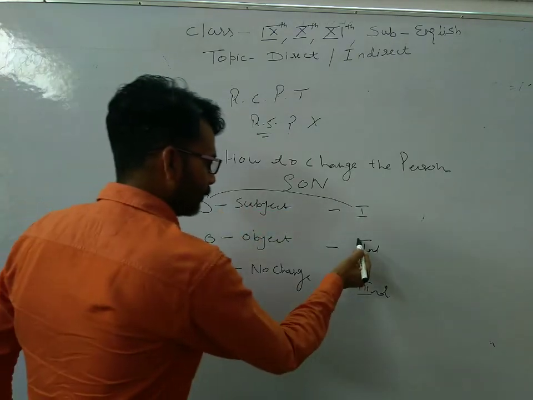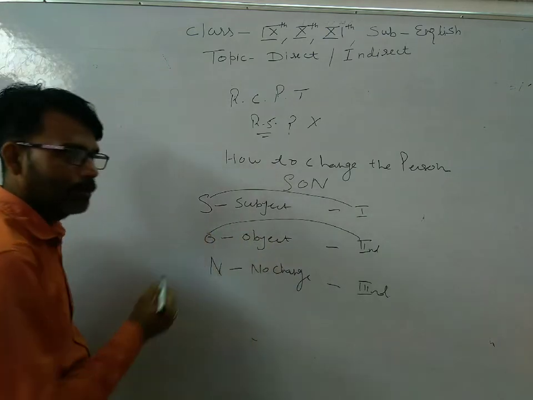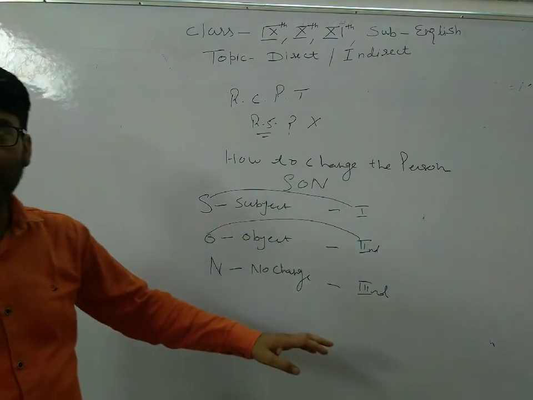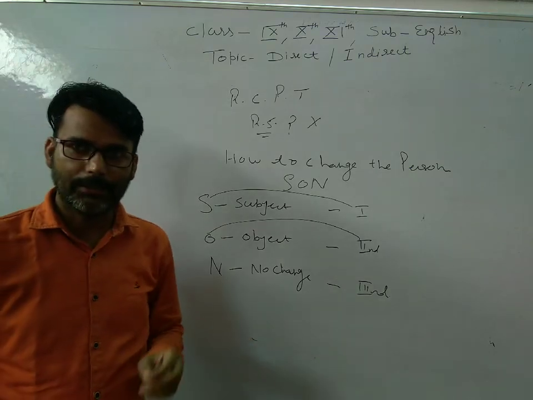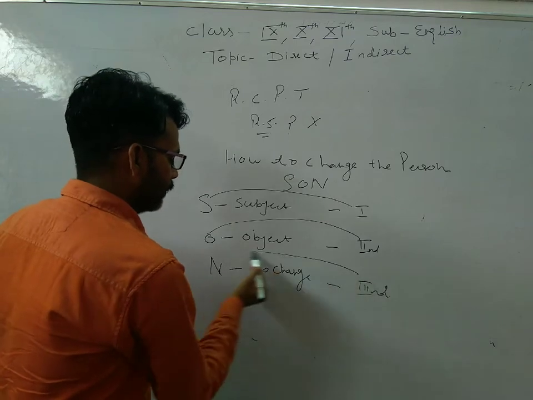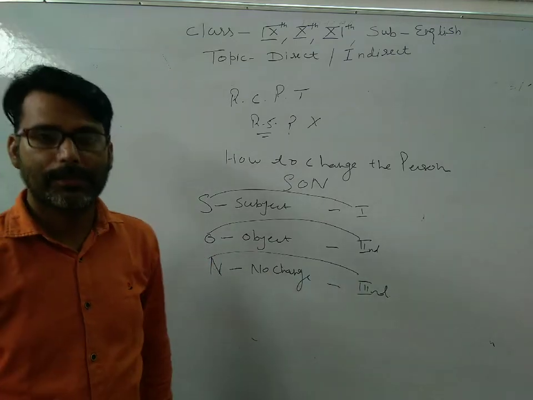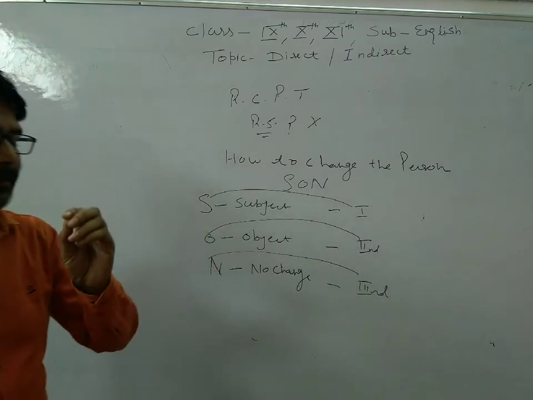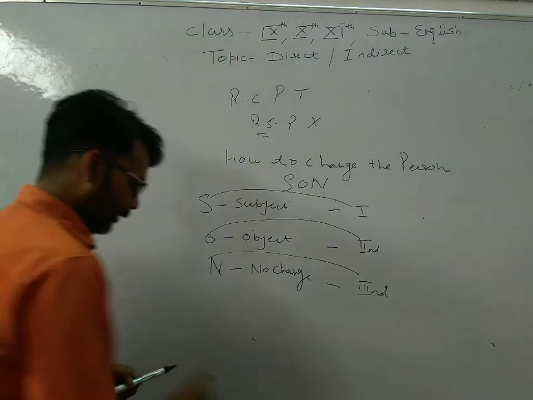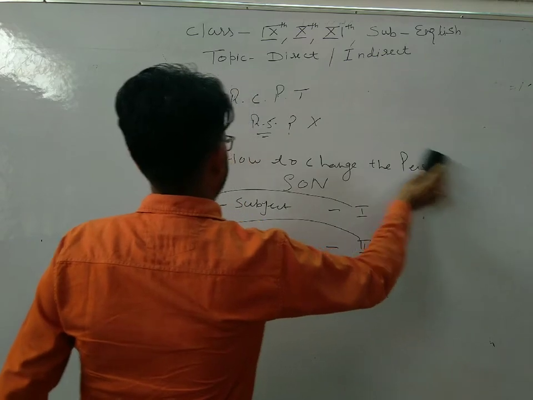And the second person, you, your, yours, will change into the object. And the third person, he, she, it, they, them, their, will never change. They will always remain the same. I will also tell you by an example how we have to change the person.